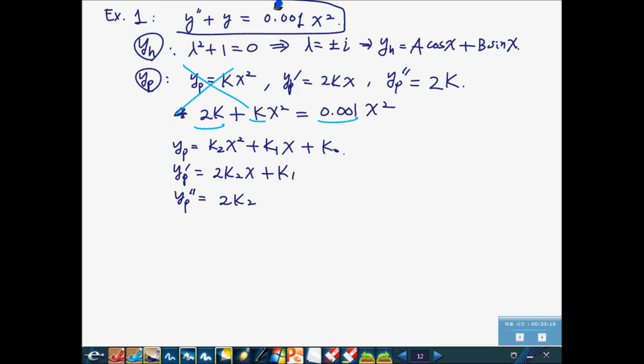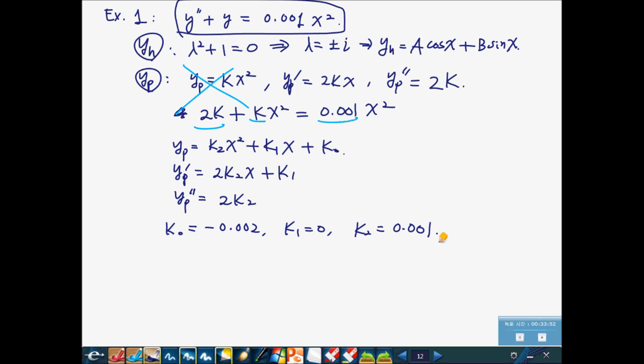Plug it into the equation, and you rearrange the equation, and then term by term you compare them, then get k0, k1, k2. So from the calculation, it is what? k1 is 0, k naught is minus 0.002, k2 is 0.001.